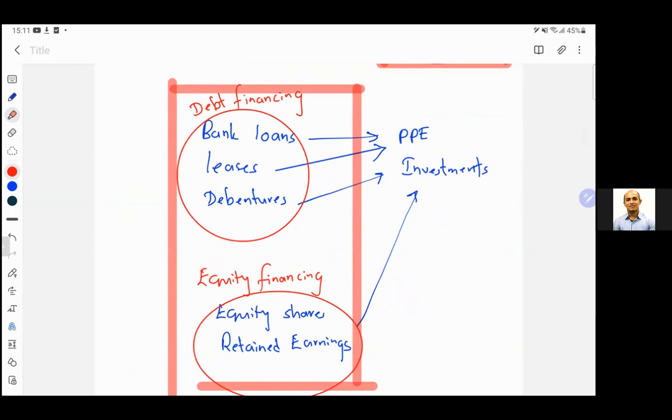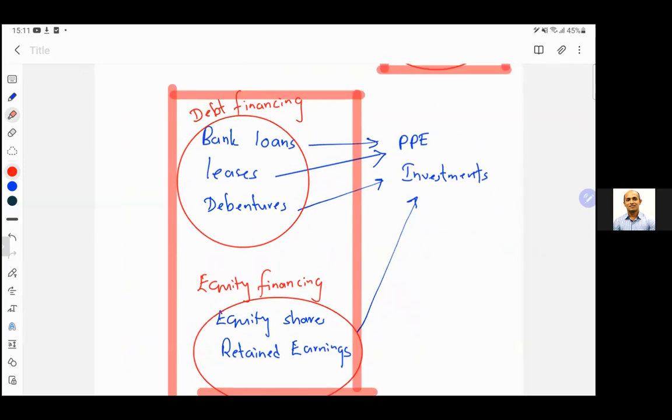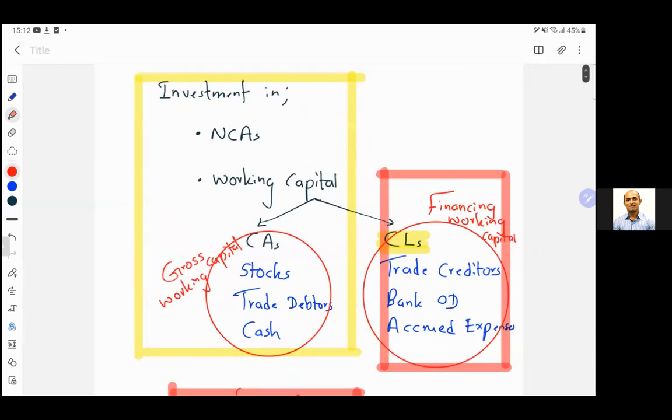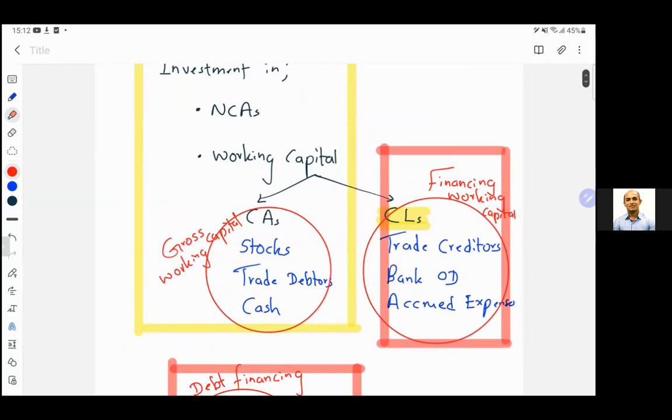Now you see the company carries out investing activities. Those investing activities are reflected under non-current assets and current assets. The company carries out financing activities.